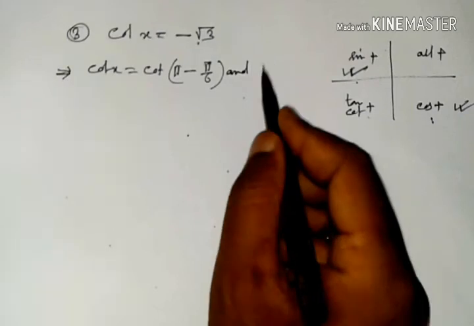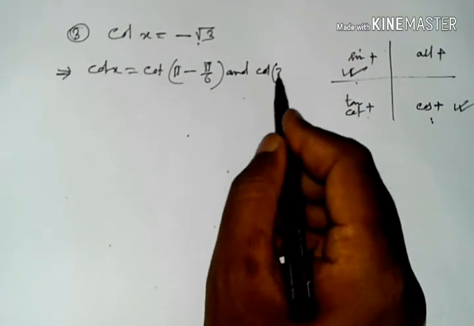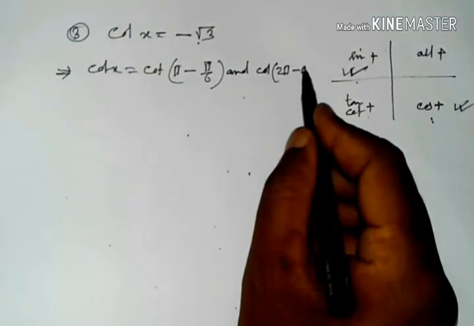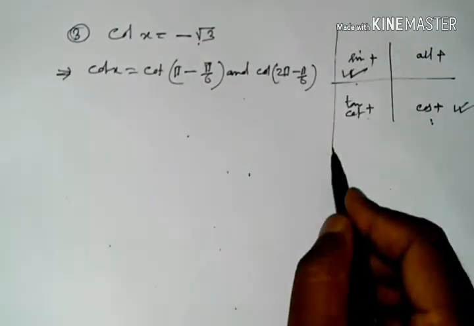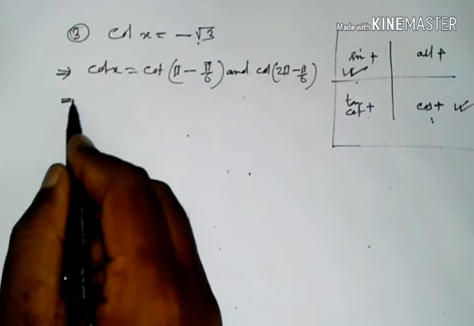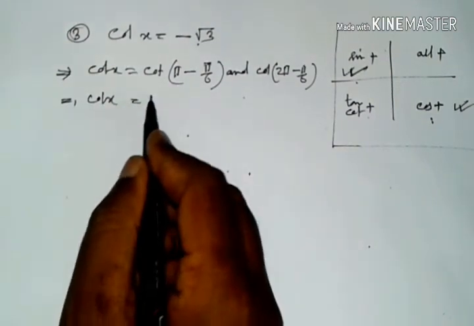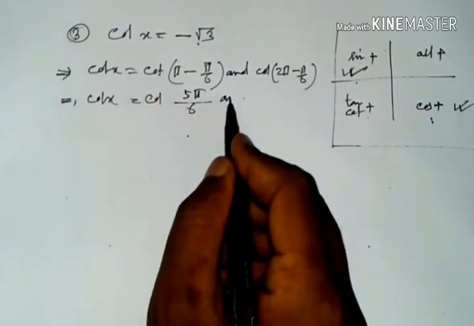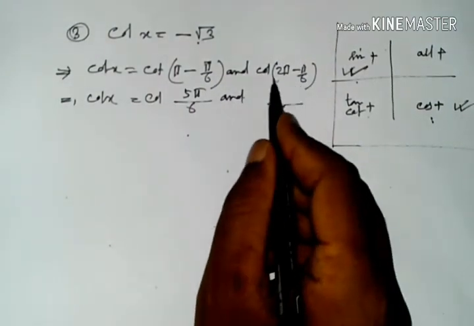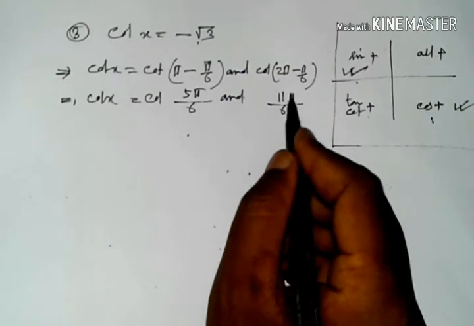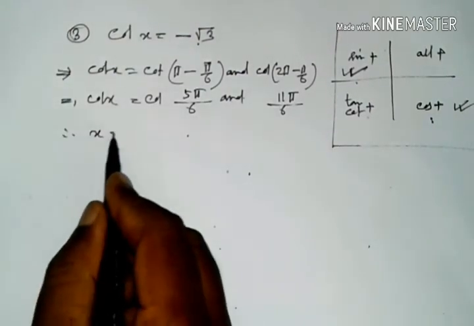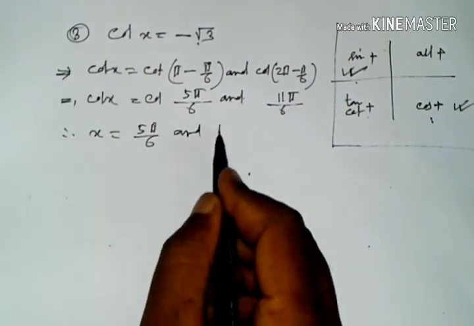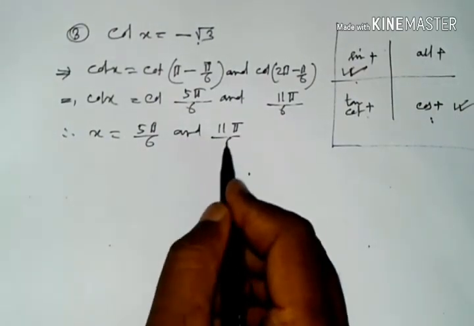Therefore x is equal to 5 pi by 6 and 11 pi by 6.